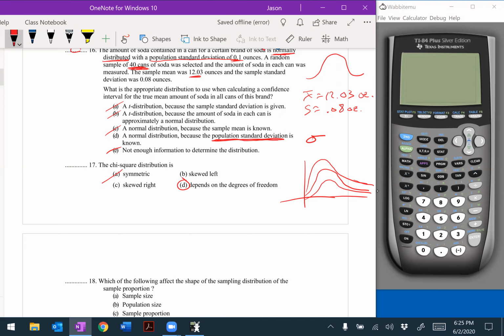No way, Jose. Is it skewed left? No, it is not skewed left. Is it skewed right? Does it have a right tail? Yes, it is skewed right. So C and D are correct.